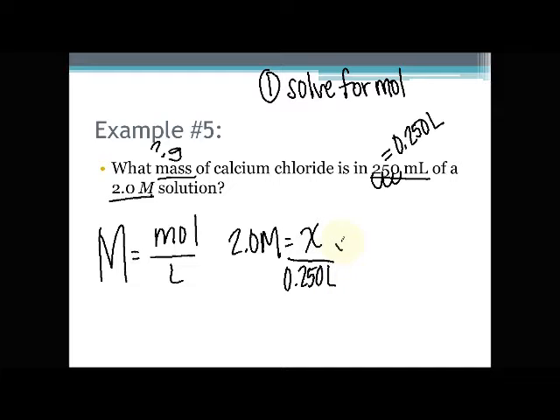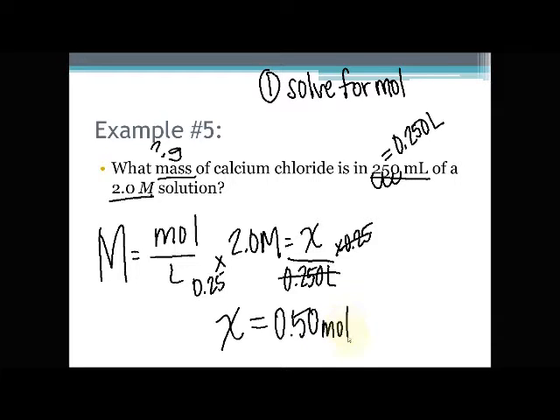So let's go ahead and multiply both sides by 0.25. And we get our number of moles to be 0.50 moles. Okay, but that's not what we need.